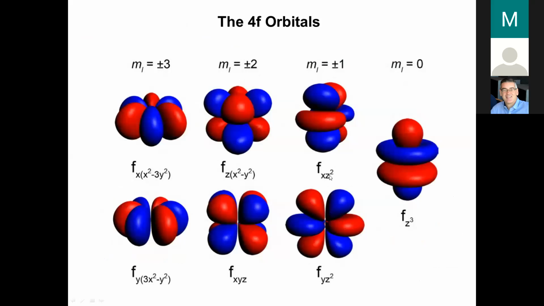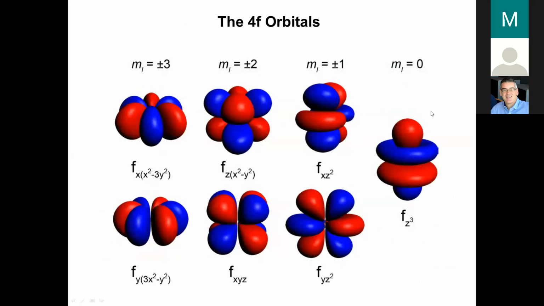And with that, I want to refresh your mind on f orbitals. You've seen those last week for the 4f orbitals. They have additional nodes and more complex shapes than the d orbitals that you are typically used to work with. But what I want to bring to your attention is that whenever any actinide or f element chemistry is discussed, typically you see a picture like that also for the actinide.